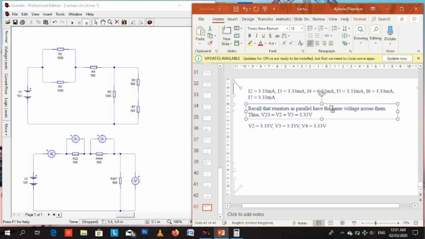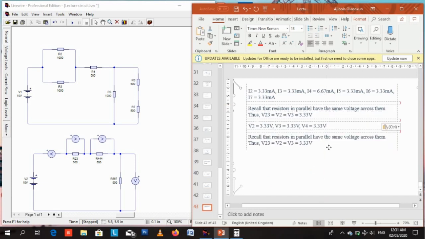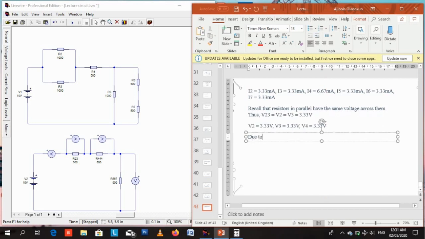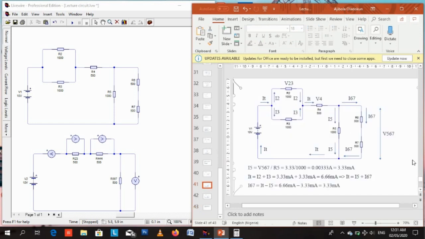Now let's restate the hypothesis that we have proven earlier about resistors connected in parallel. Due to the parallel resistors rule, V567 is equal to V5. So V567 is in parallel, it appears across V5, but V6 and V7 share V567.